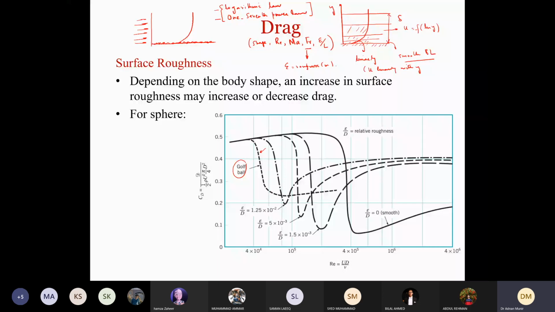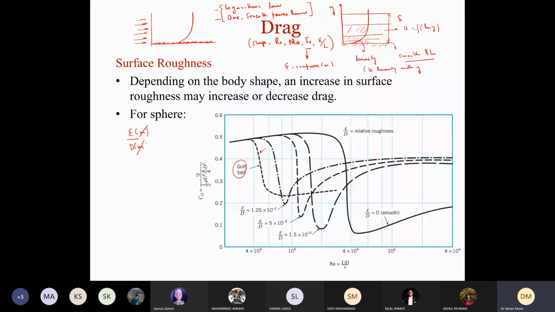This dotted line is for the golf ball, right? And all these lines have different E by D roughness. E by D is relative roughness. E is in meters, and when we are dealing with a sphere, we divide it by its diameter to non-dimensionalize the roughness. So E by D is non-dimensional roughness, or in other words, relative roughness, right?